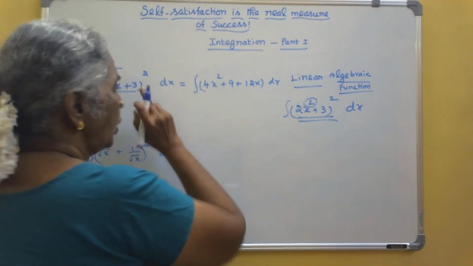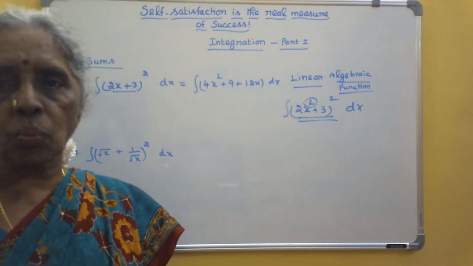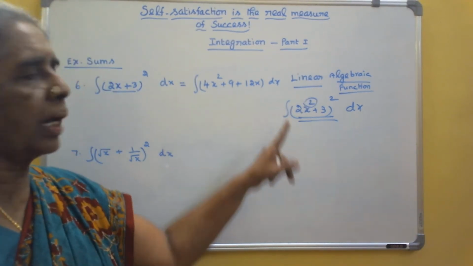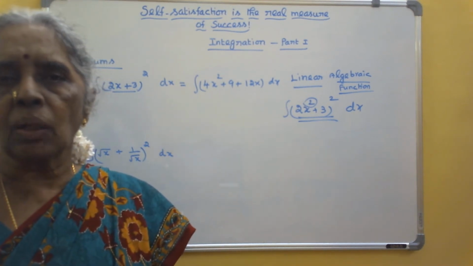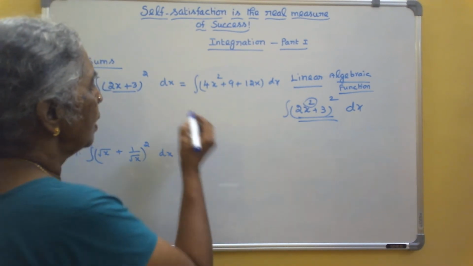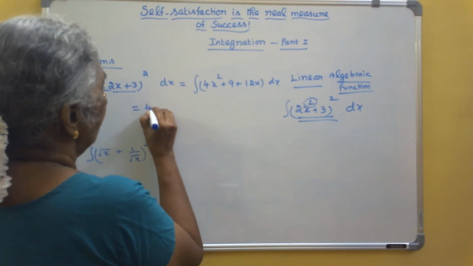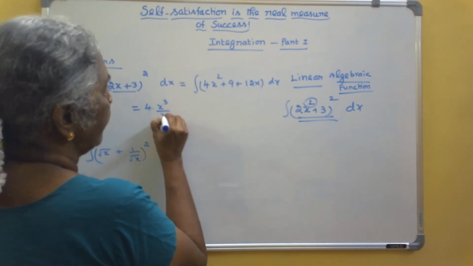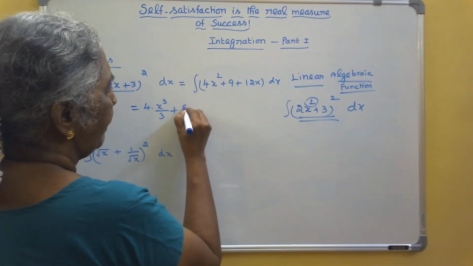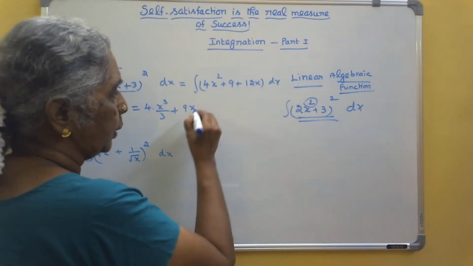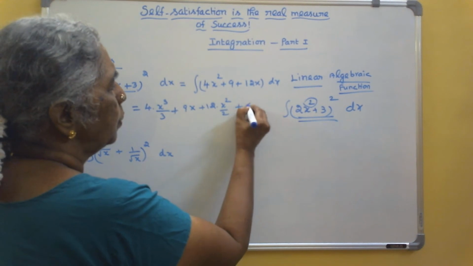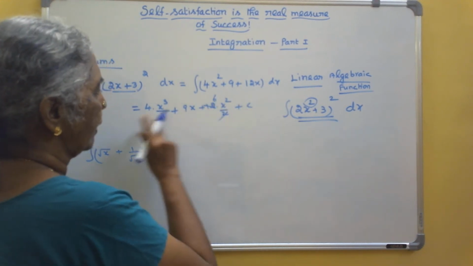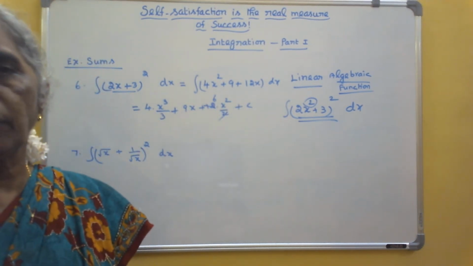Now it has come in three normal terms with a plus sign in between. So now I can integrate: 4 into x cube by 3, plus 9 means you will get 9x, you remember, plus 12 into x squared by 2 plus c. Here of course you can cancel and write it properly.